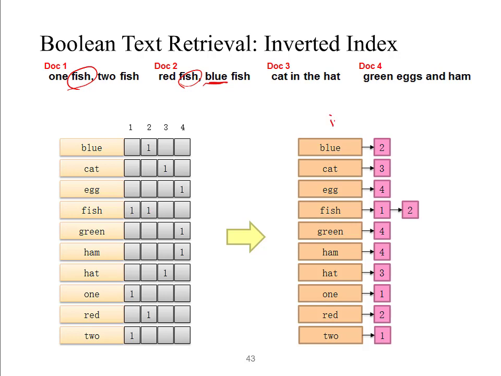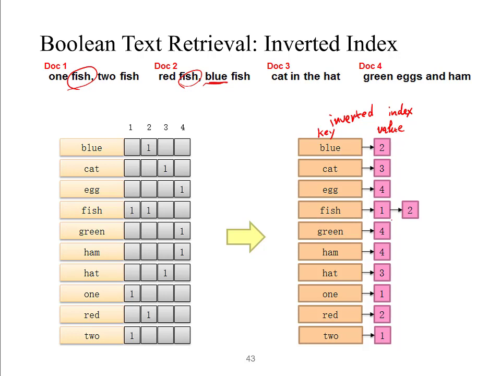This is the inverted index. In order to build the inverted index, again, the key is the term, and the value is a list of document IDs. So for all the terms except fish, because they only appear in one document, the list has a length of 1.